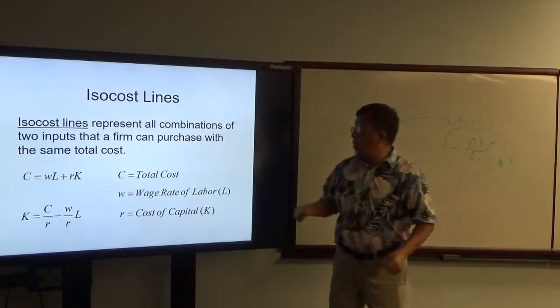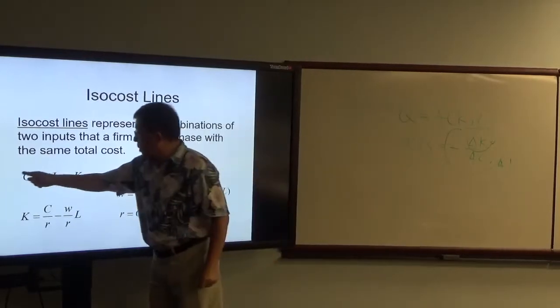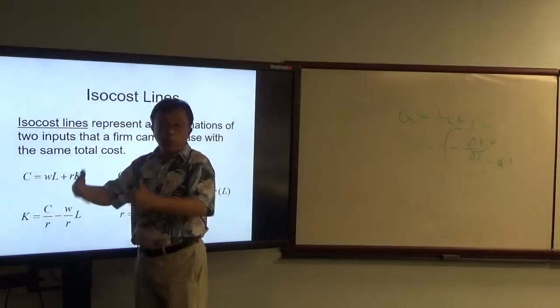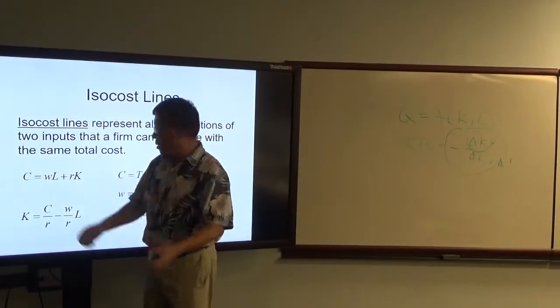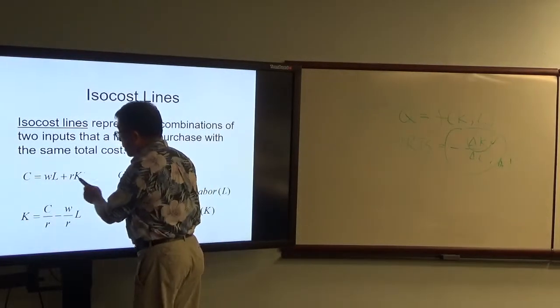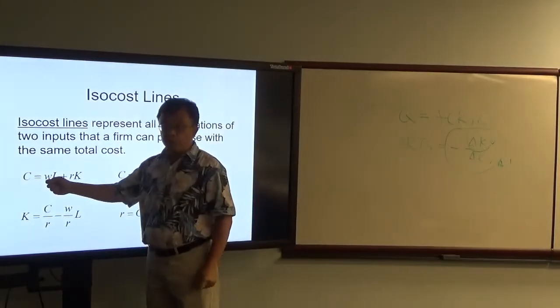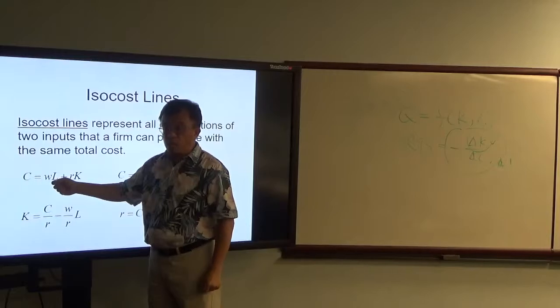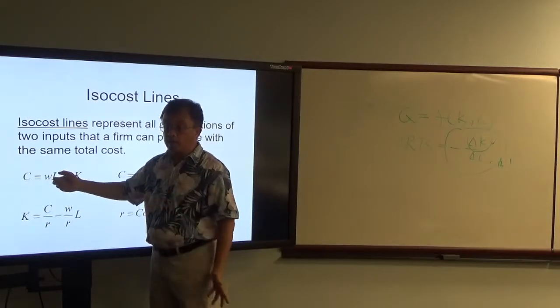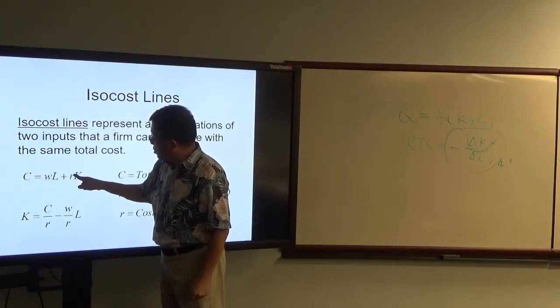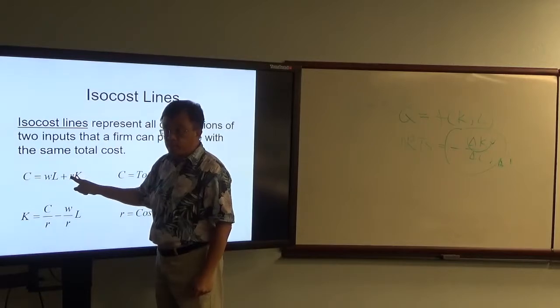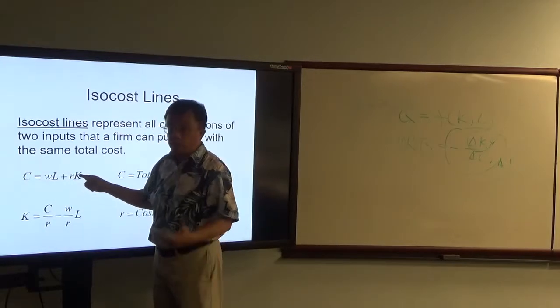Because for a company, you only have this amount of budget. C is the budget, the total amount of monthly spending. You have to spend it on what? Labor and capital. And the W is what? The wage times the number of workers. That's the total labor cost. And this is the price of capital times the amount of capital used.